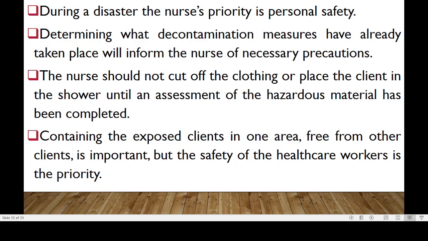The nurse should not cut off the clothing or place the client in the shower until an assessment of hazardous material has been completed. Containing the exposed client in an area free from other clients is important, but the safety of the healthcare provider is a priority.